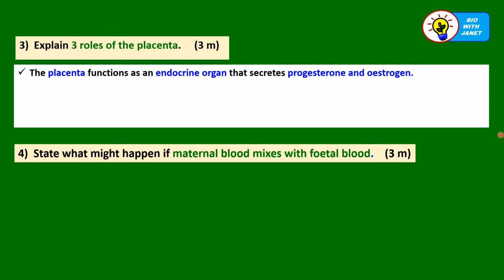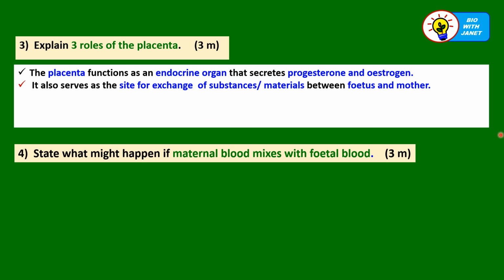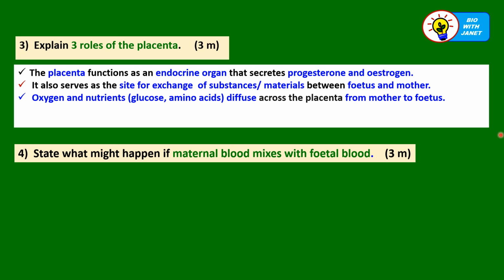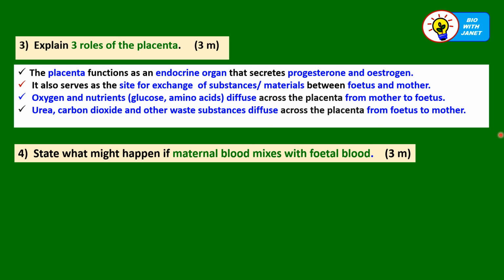3 marks. Firstly, the placenta functions as an endocrine organ in that it secretes the hormones progesterone and estrogen. Secondly, it also serves as the site for exchange of substances and materials between the fetus and the mother. For example, oxygen and nutrients, such as glucose and amino acids, diffuse across the placenta from mother to fetus, whereas urea and carbon dioxide and other waste substances diffuse across the placenta from the fetus to the mother.